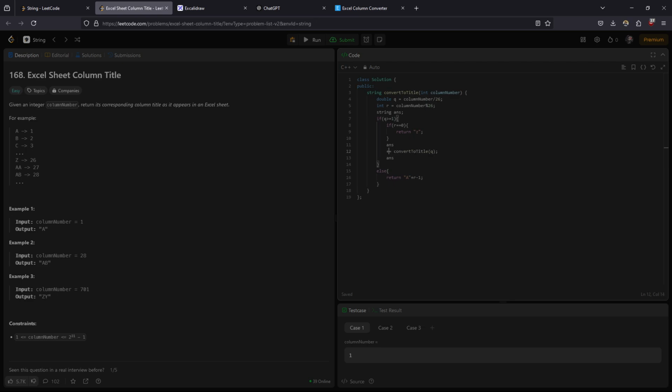And plus equals, let's do ans plus equals to. But it doesn't matter, in each case we will eventually return the answer, and the answer will be taken back and assigned here. It will work, right? Yeah, let's see.